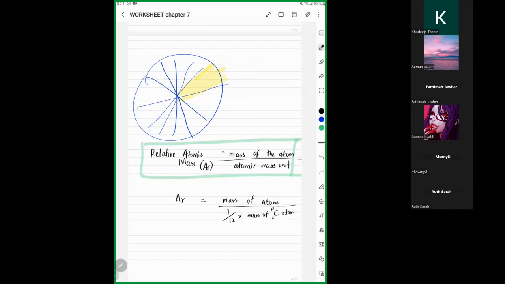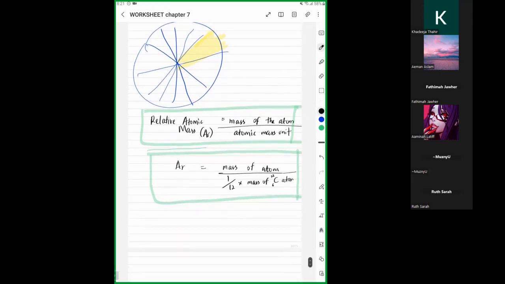Why? Because atomic mass unit and the 1/12 into mass of carbon atom is the same thing, right? So I can write this in two ways. Do you agree? That's the same. It means the same thing. So you can either write like this or like this.